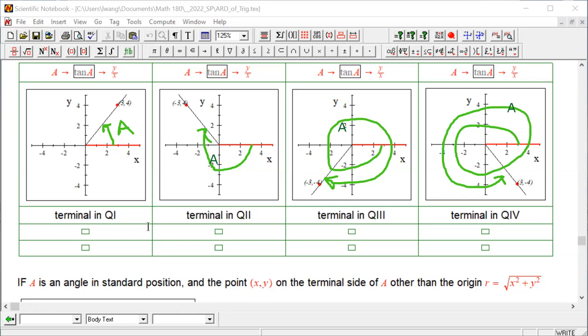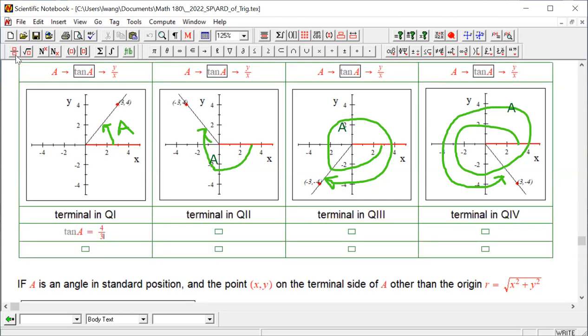In these examples, let's see how we're going to apply the definition. Tangent of A is y over x, right? y is the vertical, x is the horizontal. So this is going to be 4 over 3.